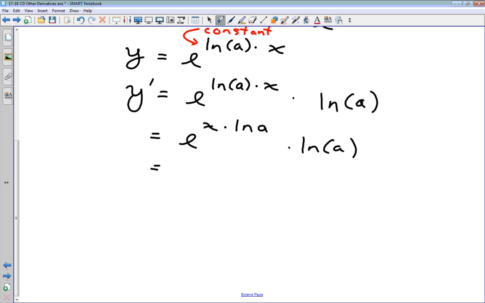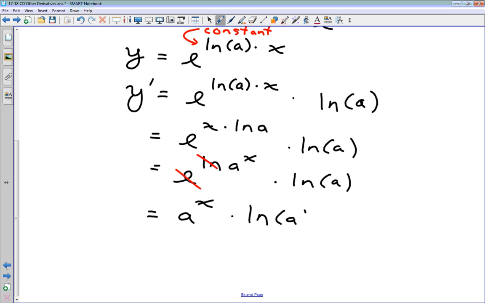Okay, e to the ln a, to the power of x, applying the power law in the opposite direction, again times ln a. And then, back where I started from, the e and the ln cancel each other out. So my final expression for my derivative is a to the x times ln a.